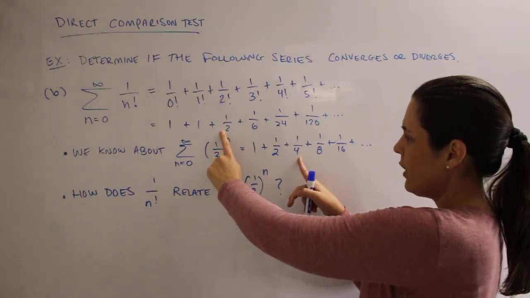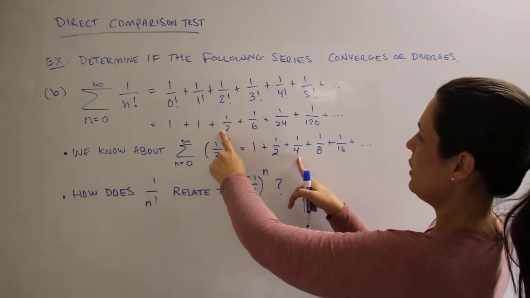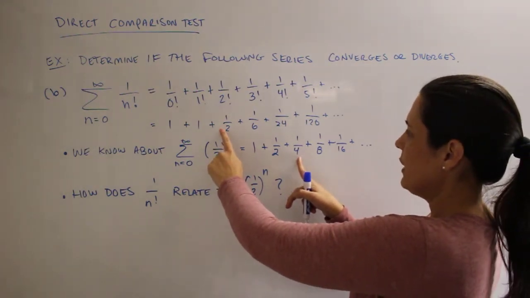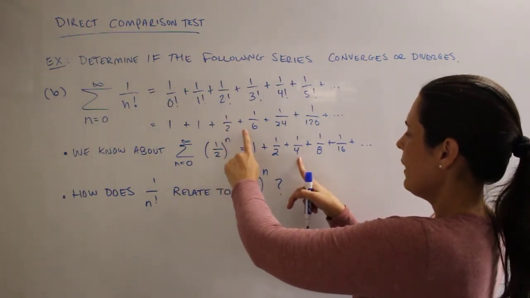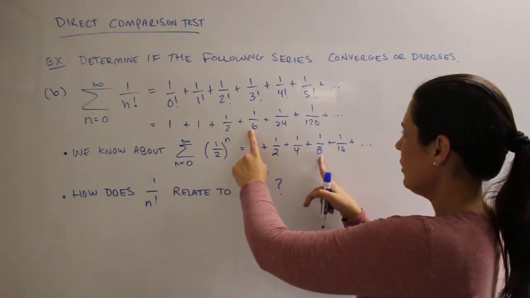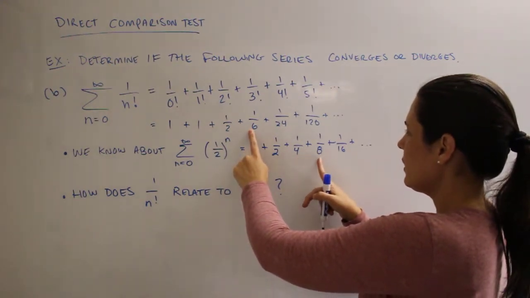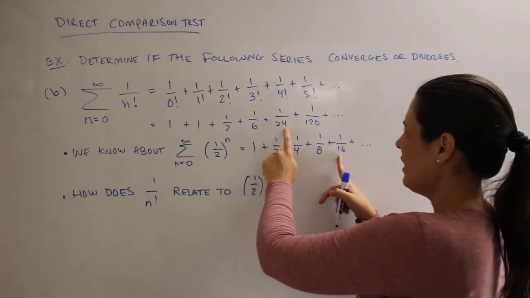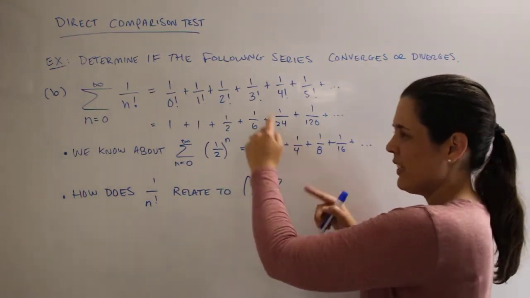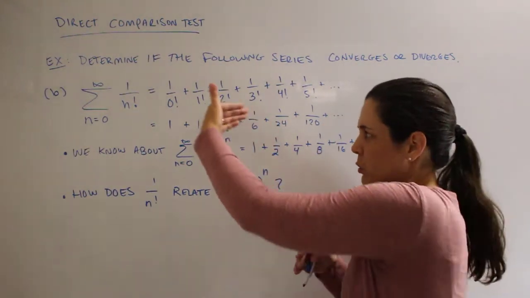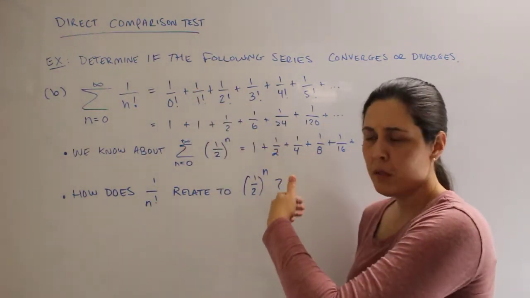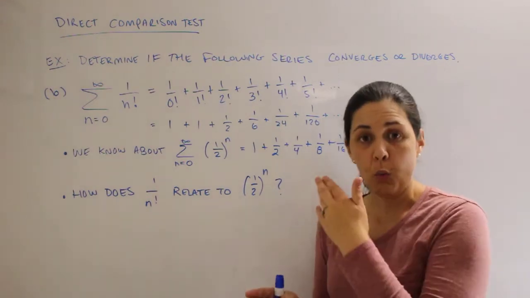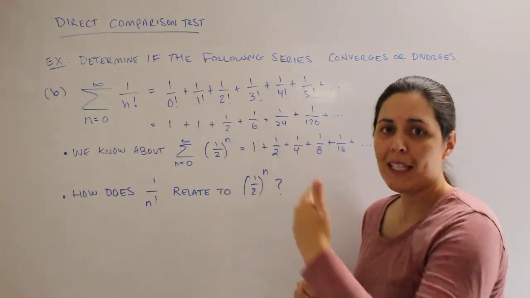Now this one's less than this. 1/6, 1/8. This one's less here, 1/24, 1/16, but now this one's less than this. So it's kind of swapping, like this one's less sometimes, this one's less other times. We need it to be consistent, like one of these series is always larger than the other one.